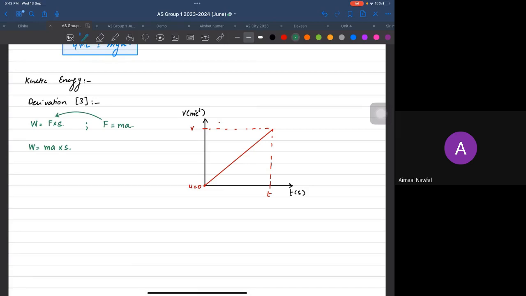So you got this equation, okay? Now, in the next part, we already know that 2as is equal to v square minus u square. We know this.